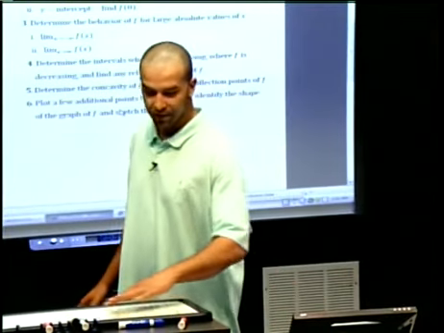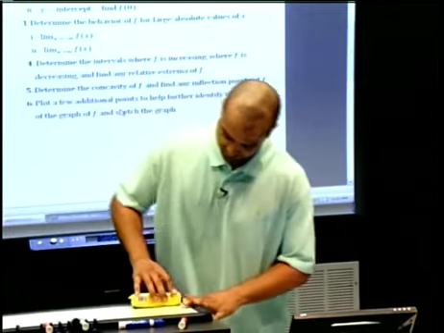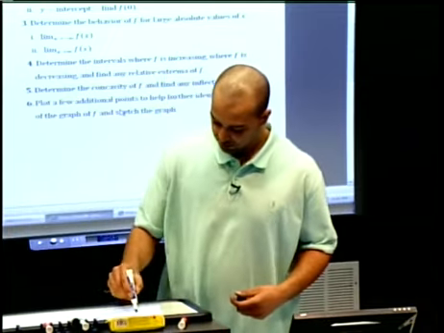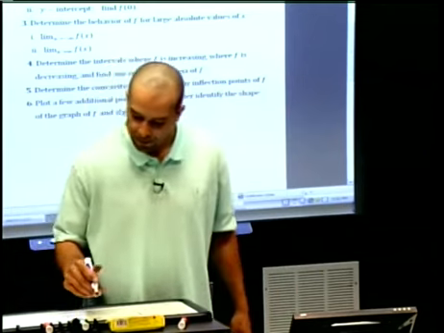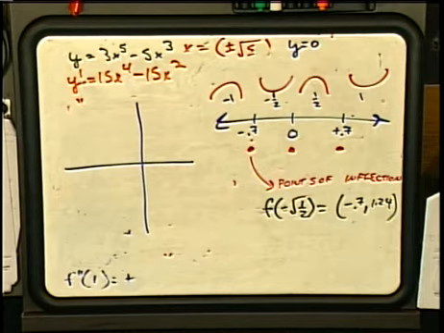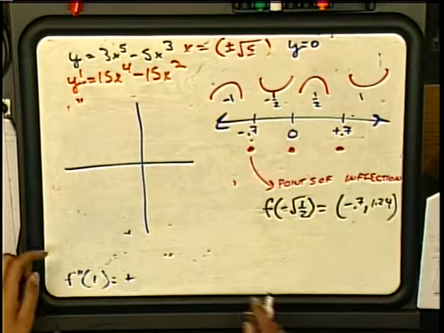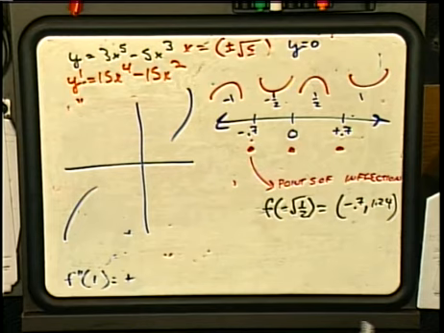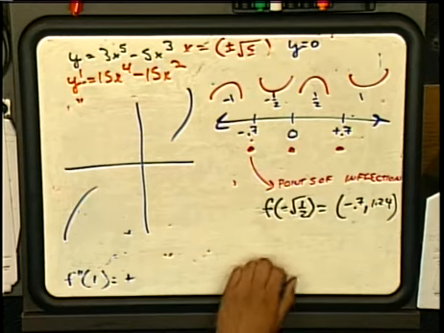Can I erase this? What can I erase? This side? This side? Y equals 0. That was the x-intercept, right? So we know it's coming from this way, right? And like this. We have some critical points.